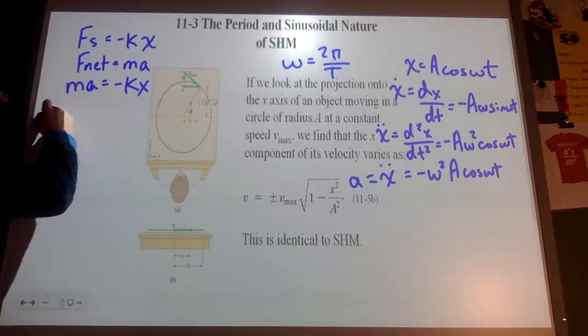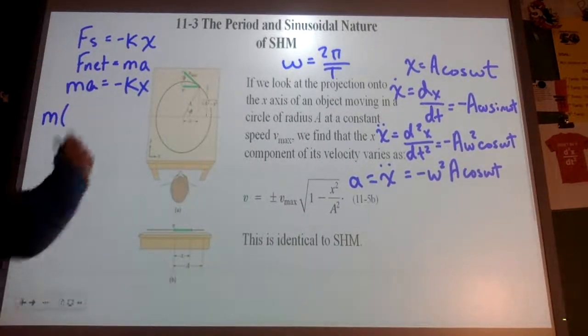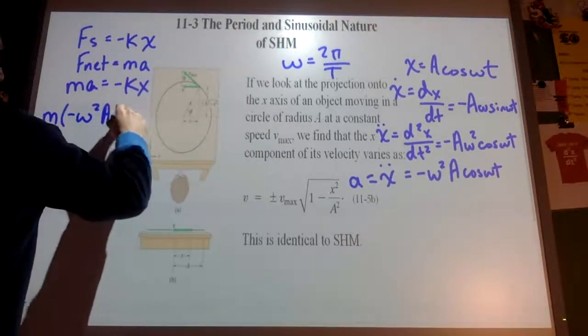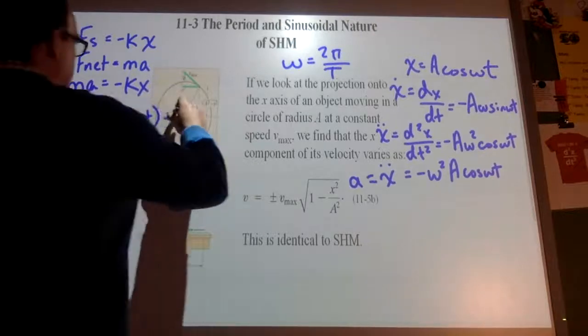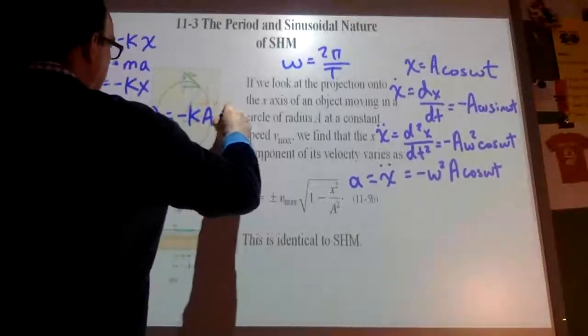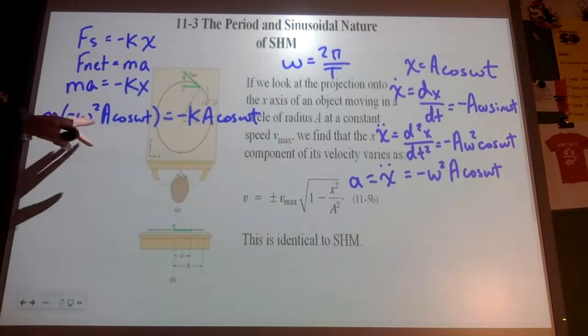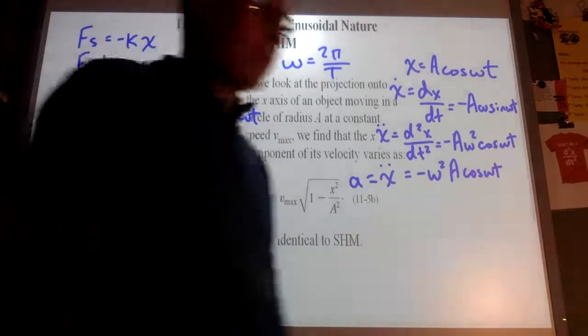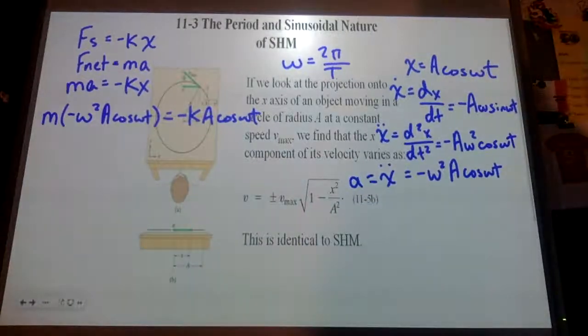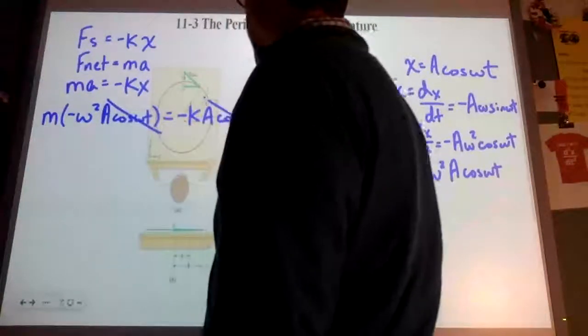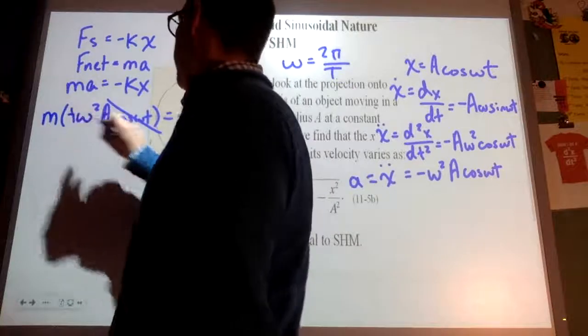And so over here I have m times negative omega squared A cosine omega t equals negative kA cosine omega t. So when I move that around, I get A cosine omega t by itself, so I can cancel that out. So that term and that term go away, and so does the negative.